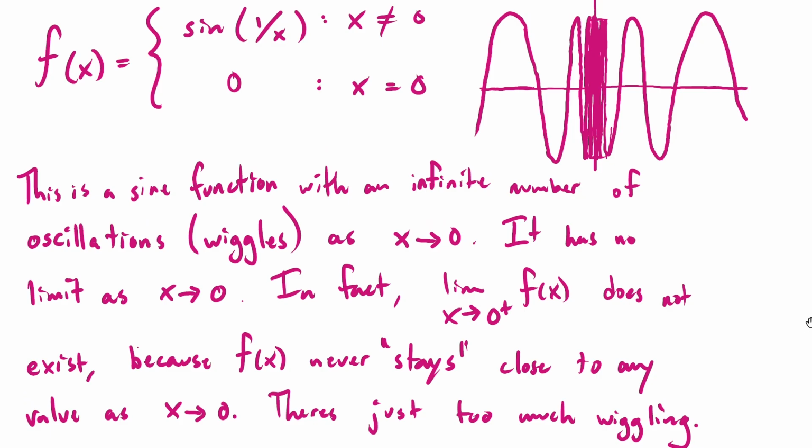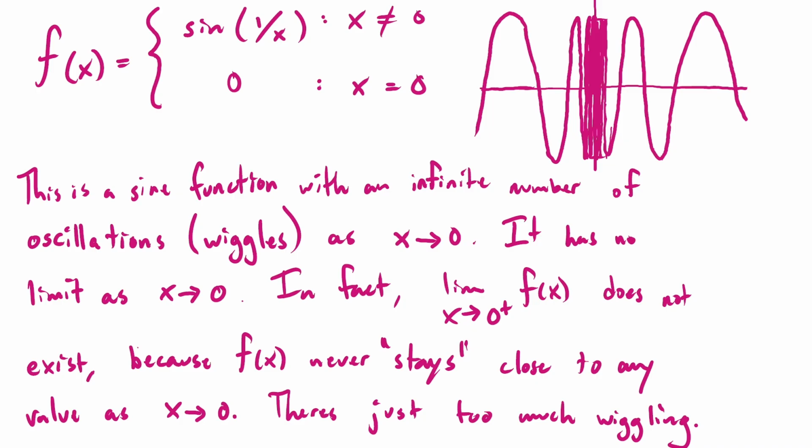And the idea is this causes both the left and right limits, and therefore the total limit, to not exist. Because when we say something approaches something else, remember, we need it to get close to a value and stay close to a value. And even though this function is kind of trapped between -1 and +1, it never settles down and approaches any one given value.